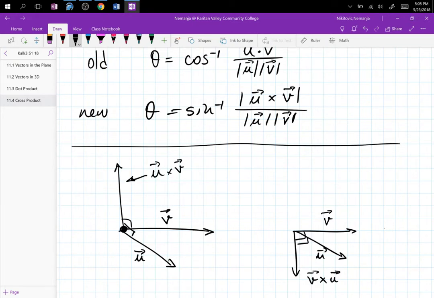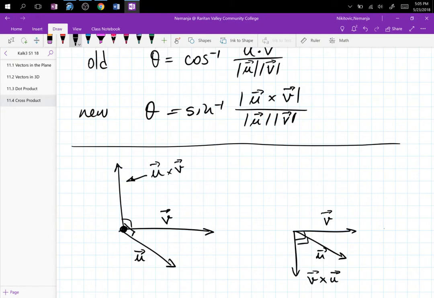Again, this is in 3D space, so you are supposed to grab this way because your fingers will first hit v and then hit u as you wrap around with your thumb pointing down with the right hand rule. And you see now v cross u points down. So we are going to see very soon the property which says that the cross product doesn't obey the commutative property. However, u cross v is negative v cross u.